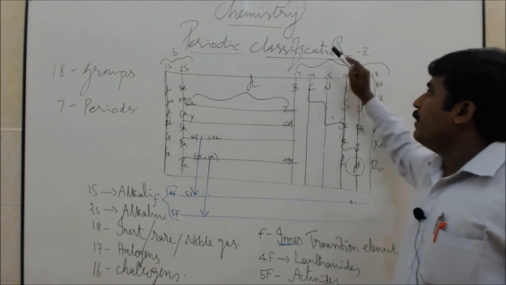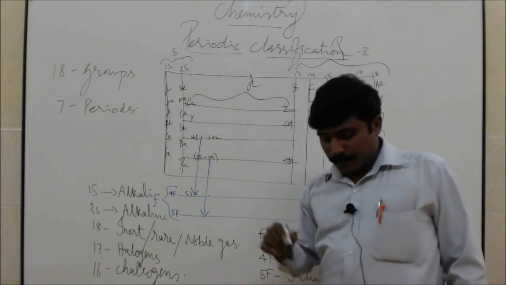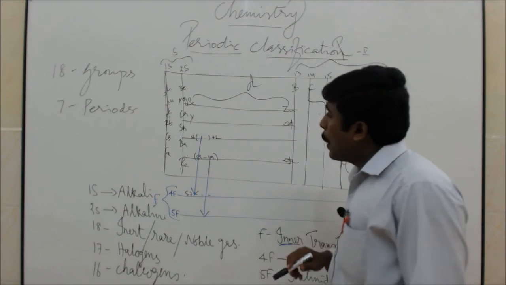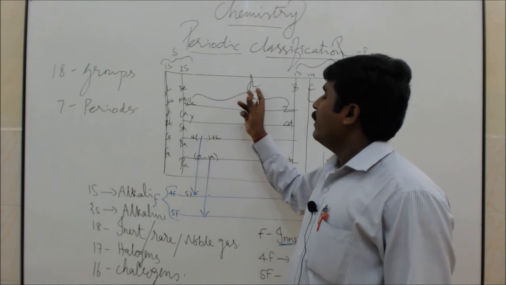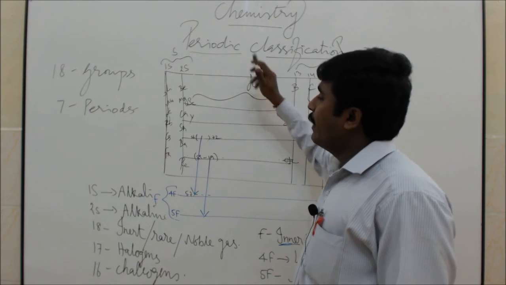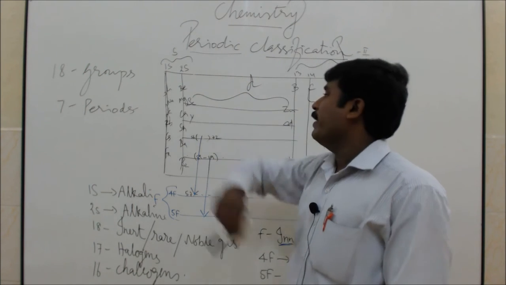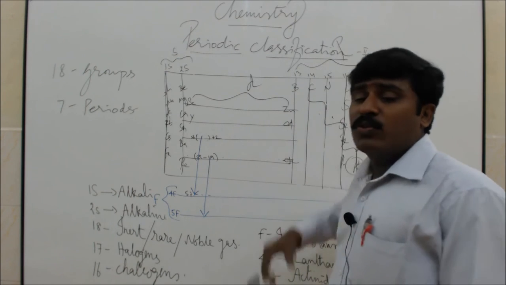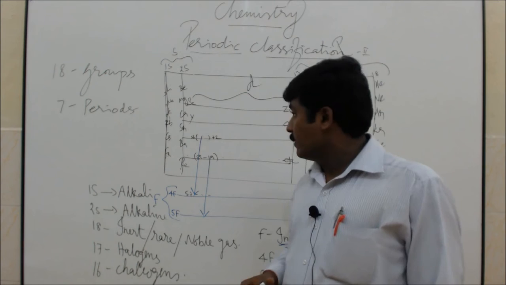S block and P block elements are collectively known as representative elements or main group elements. The D block elements occupy the place in between the highly electropositive metals like the S block and the least electropositive metals like the P block, so they are named transition metals.